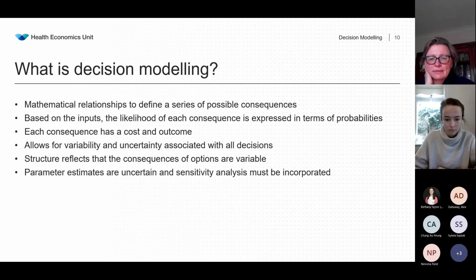And these are the consequences that would flow from a set of options that are being evaluated. So it becomes possible for us to calculate both the expected costs and expected outcomes for each option under evaluation.